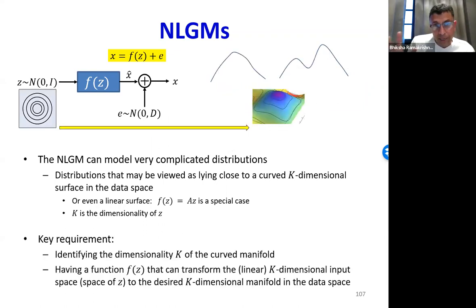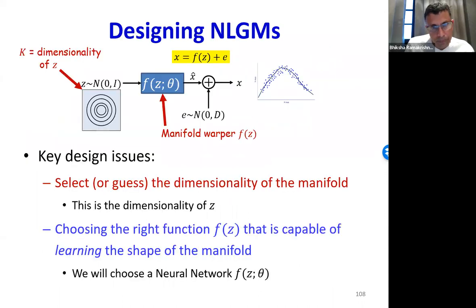So the NLGM can actually model very complicated distributions. Any distribution that has the property of lying close to a curved k-dimensional surface in the data space. And in fact, the linear plane is just a special case. The key requirement is knowing the dimensionality of this surface, but that's our hyperparameter that we have to choose on our own, right?